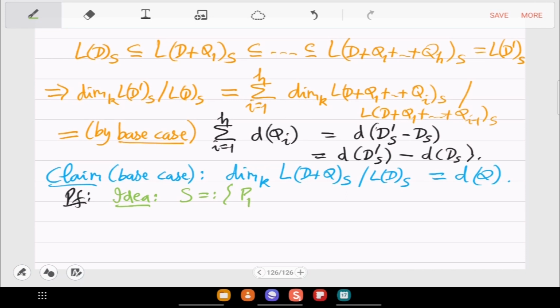Remember that in this setting Q is in S. So P1 is the Q, and then you have more points P2 to Pn. That's your finite set S. And the degree of Q is d, let's say. That is the setting you are in.